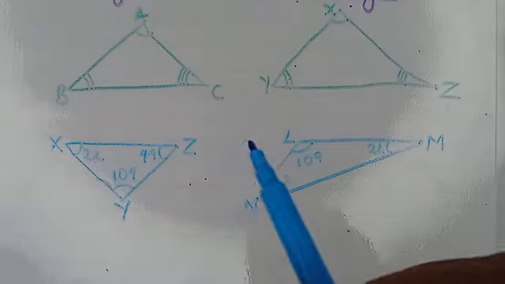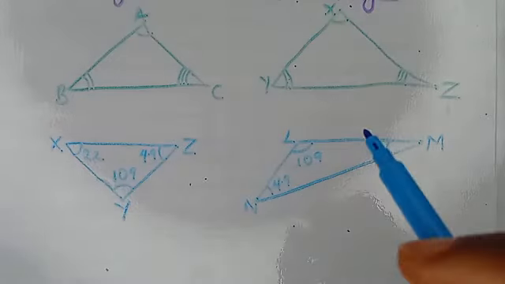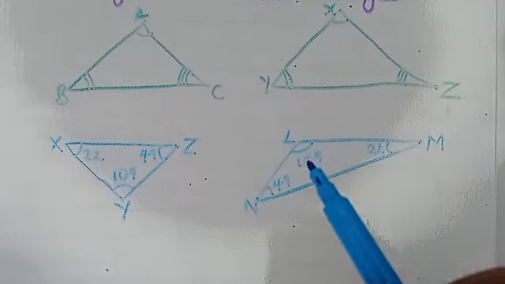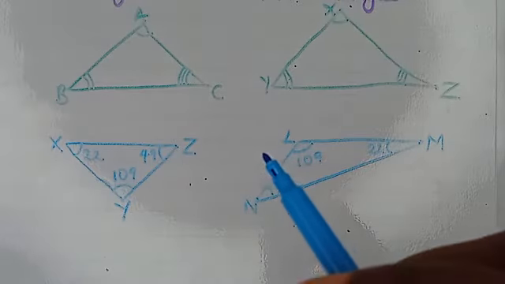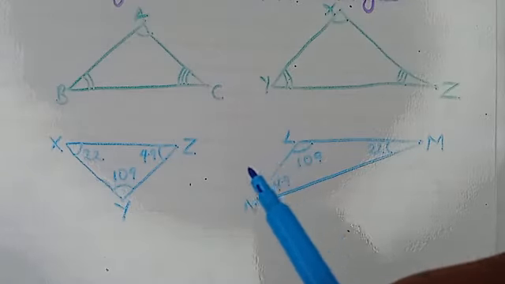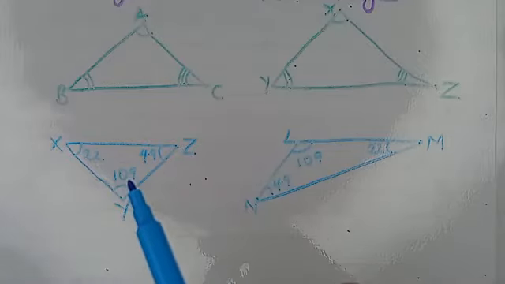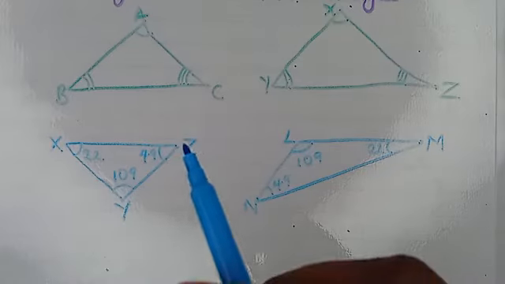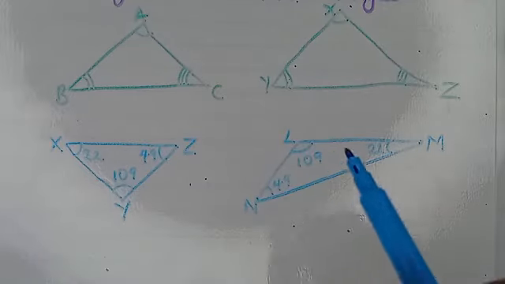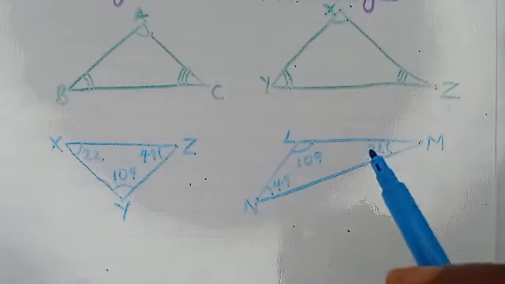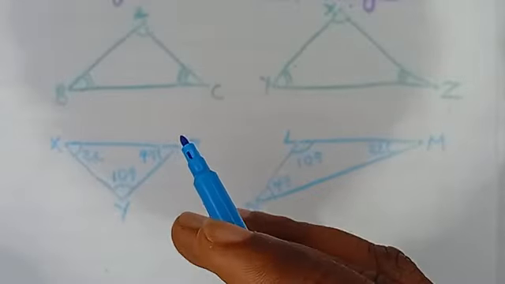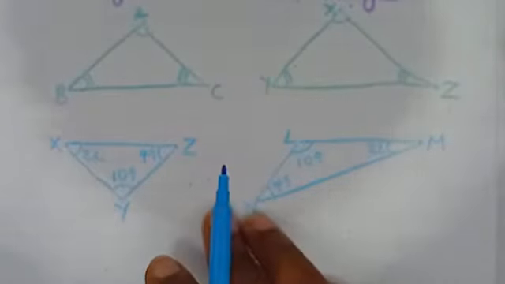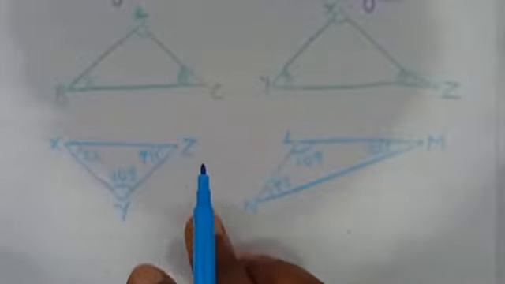Just two angles are enough to show us equiangular triangles, because the sum of angles in every triangle is equal to 180 degrees. Therefore, if we are just shown 109 and 49, we will also know that the third angles are automatically equal, because they must all sum to 180 degrees.